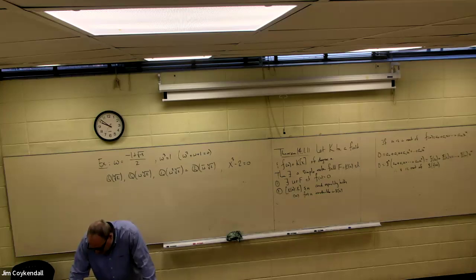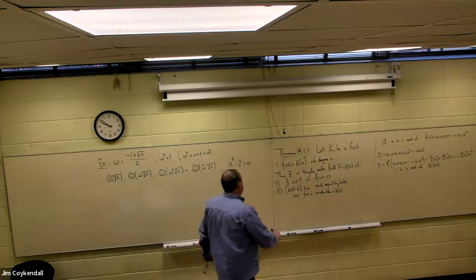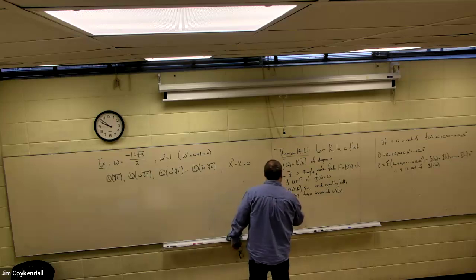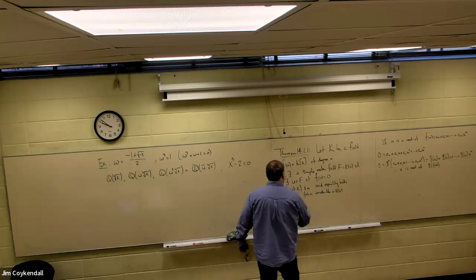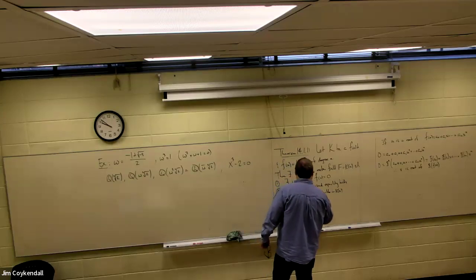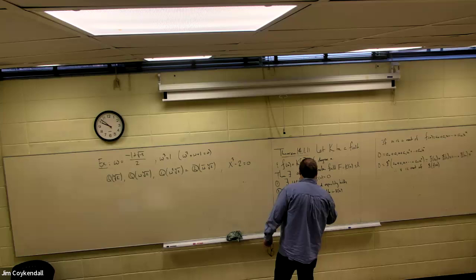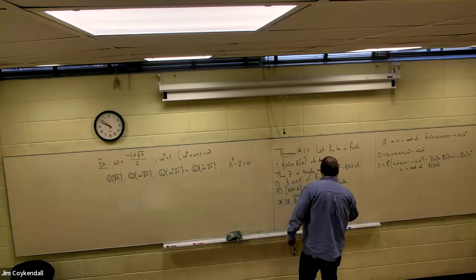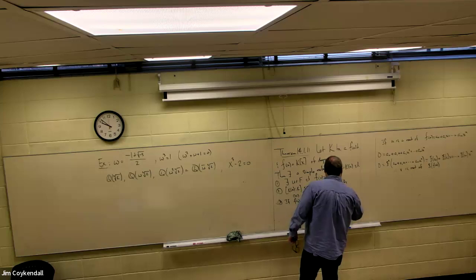Three, if f is irreducible in K[x], then K(u) is unique up to K-isomorphism.